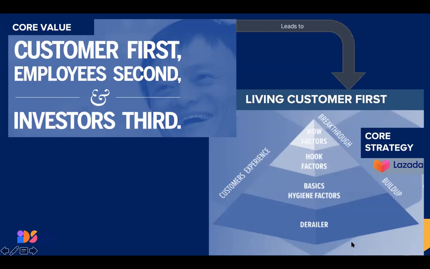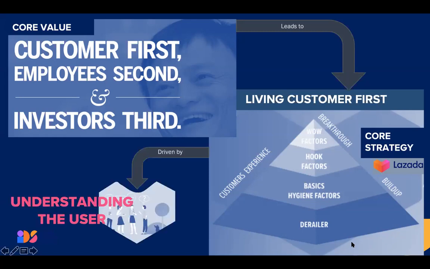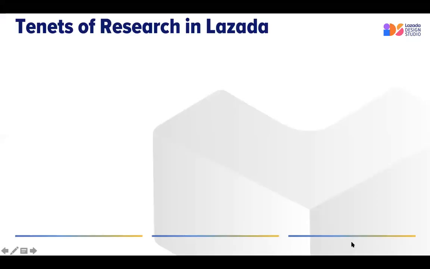Whether it's product team or customer care or any other team, logistics, everyone lives by the fact that we have to be living customer first. So it's about building customer experiences by taking away all the negatives and the issues and building the positive ones. And at the end of it are the wow factors, the innovations which come from Lazada. But how do we go about doing it? Obviously, this is all driven by understanding the user. So user understanding is at the heart of it.